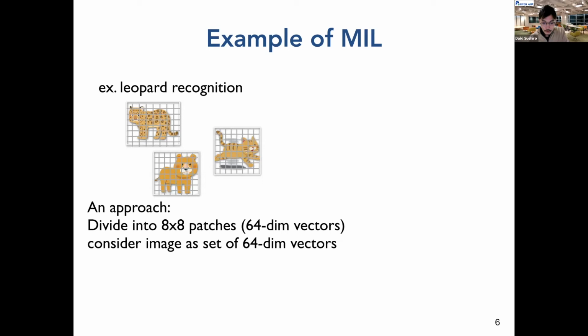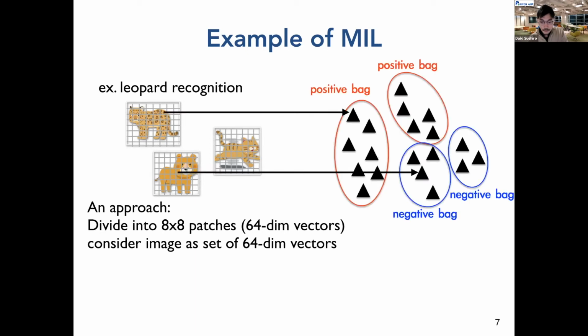And so if we divide each image into small patch images, for example, 8 times 8 patches, the image is considered as a set of 64 dimensional vectors. Then, as you can see, each image corresponds to bag, and patches correspond to the instances.